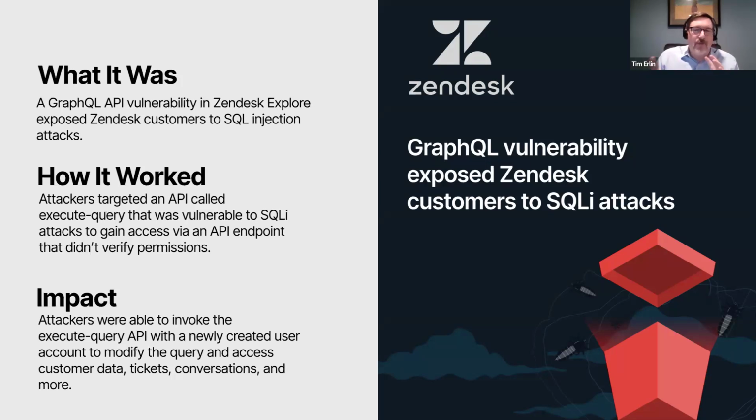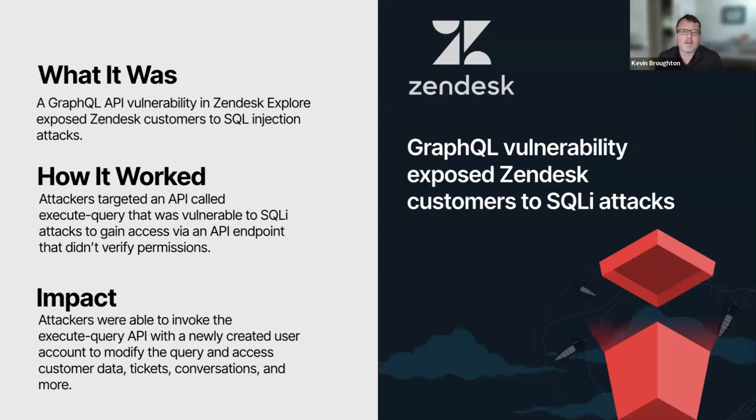This is an interesting one because it involves SQL injection, which is a well-known, well-understood attack. We saw that with the MOVEit vulnerability and incident that affected something like 60 million customers, and that was SQL injection. But SQL injection also applies to GraphQL. So it's an old kind of threat with a new technology, still relevant here.